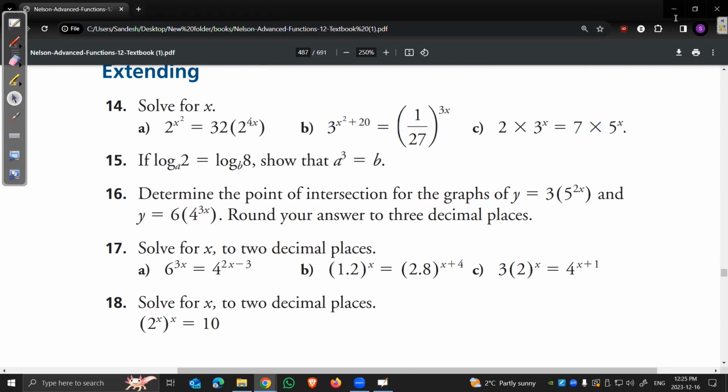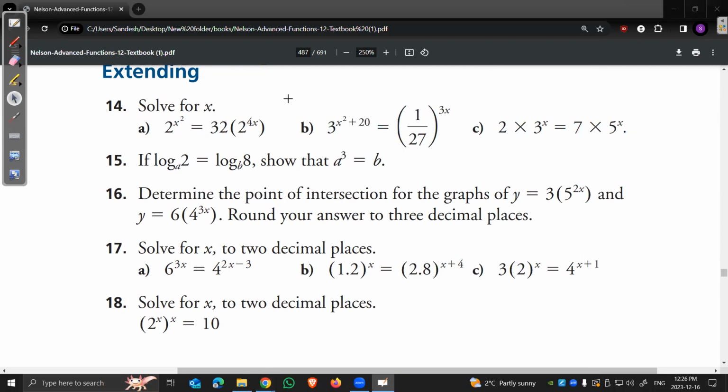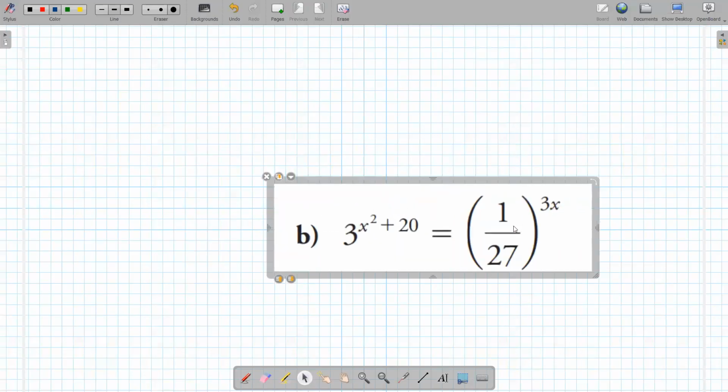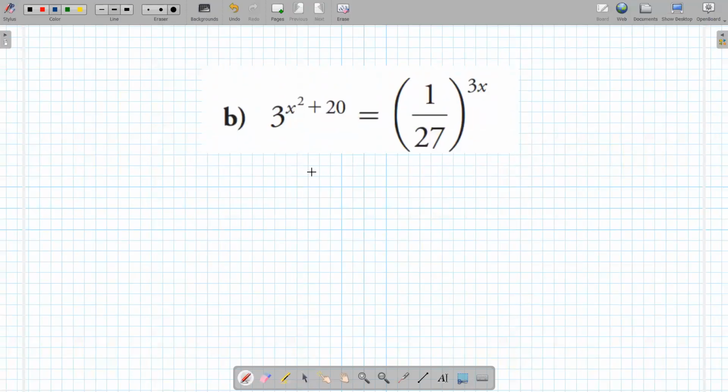This is the same thing here. If you see an x squared, more often than not, it's going to be a quadratic thing. Here, let me show you. I don't know how difficult this is, but it doesn't look too bad. 3 to the x squared plus 20.